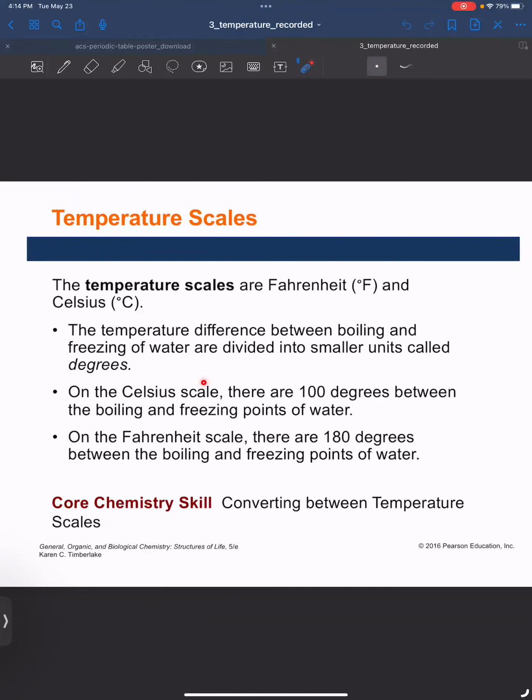On the Celsius scale, there are 100 degrees between the boiling and freezing point of water. On the Fahrenheit scale, there are 180 degrees between the boiling and the freezing point of water. And that, like I said, is the core chemistry skill you will develop after watching this video and practicing some problems: converting between the different temperature scales.